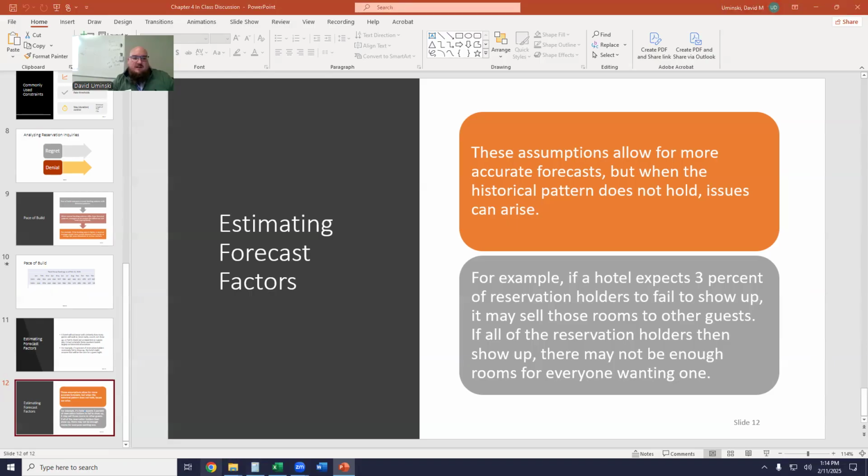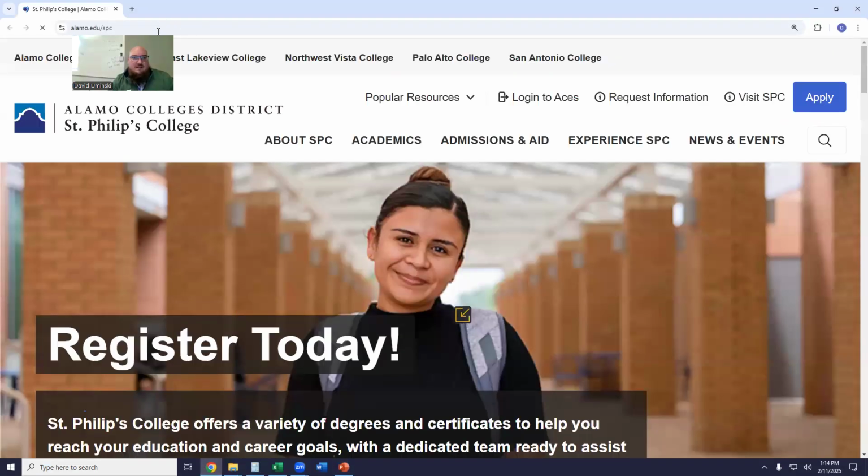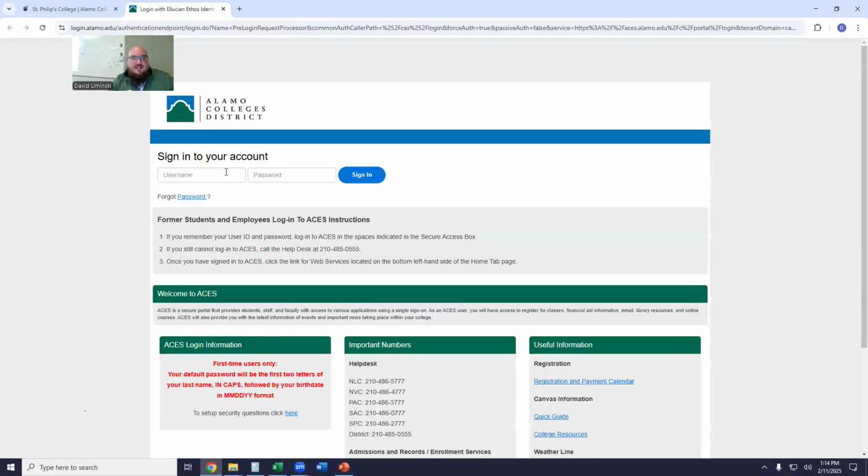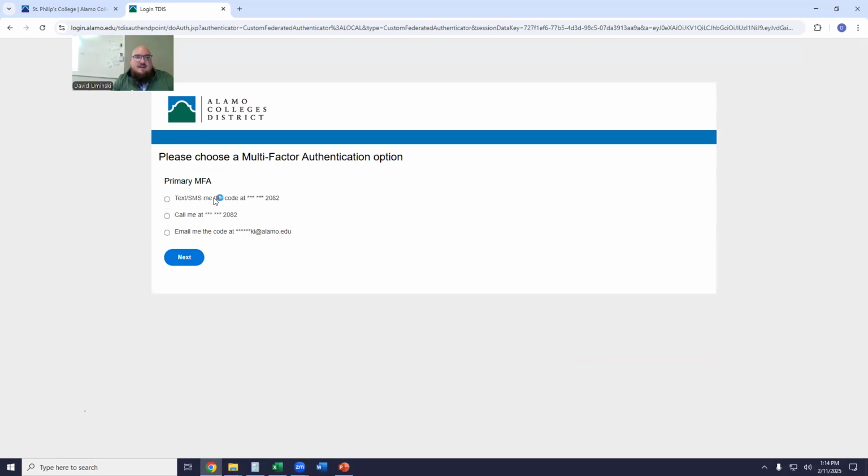Actually, let me go ahead and log into Canvas online because I need to change that due date for identical net revenue. If you already did the identical net revenue, great.